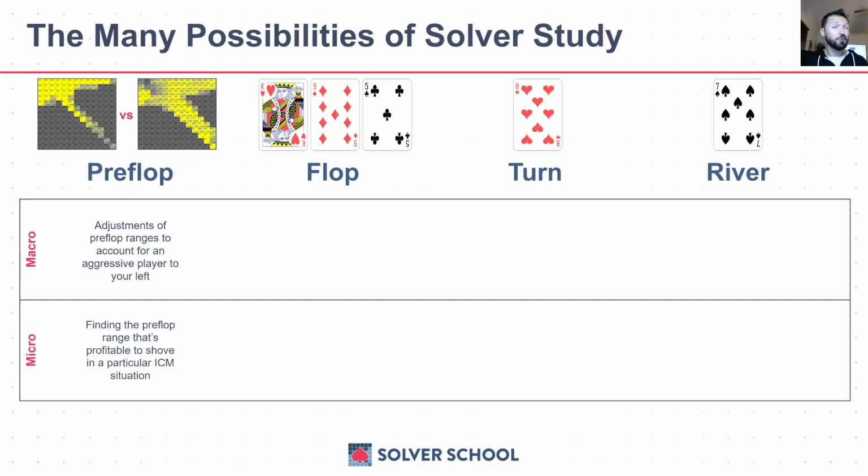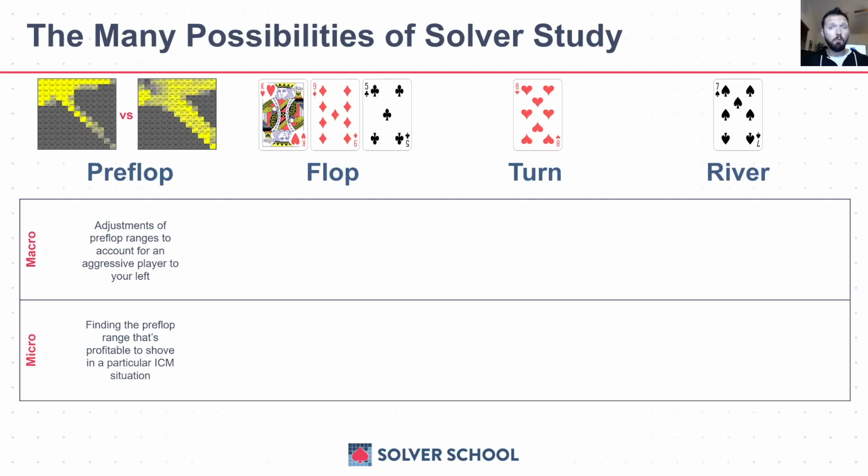Those tend to be frustrating scenarios, and through various forms of node locking and various solver configurations, we can use solvers to make assumptions about that 3-betting range of the player to our left and identify how we might alter either our flatting range, our opening range, or our potential back 4-betting range to counter that strategy of the player to our left.